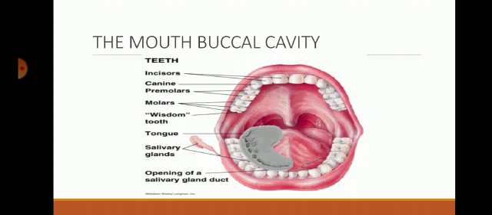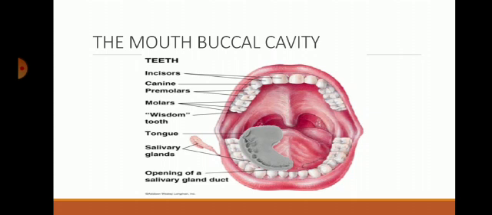This saliva contains digestive enzymes which help in partial digestion of food, starch. The tongue helps in mixing saliva with the food. This partially digested food is swallowed and passed down the esophagus or food pipe.